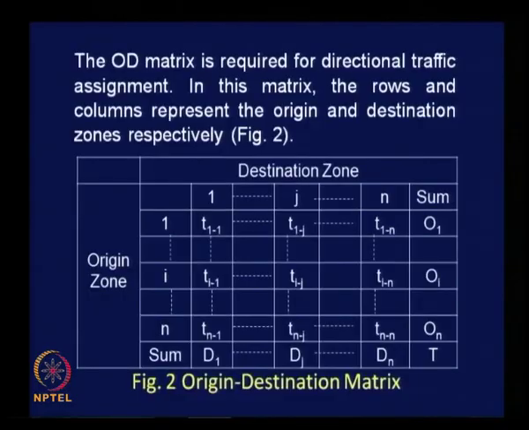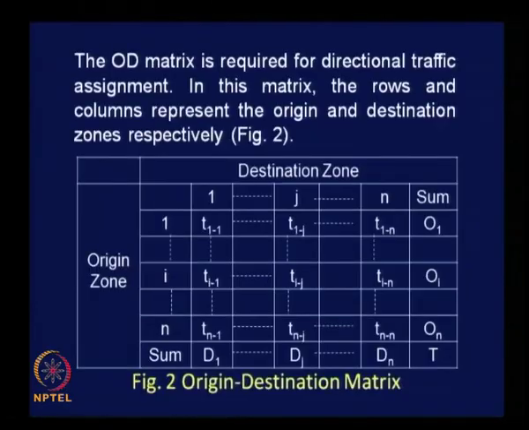If you sum up the cell values along a row for a particular zone, what will be the result? It will give information about what?